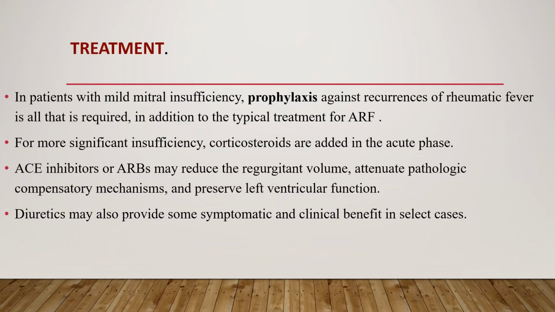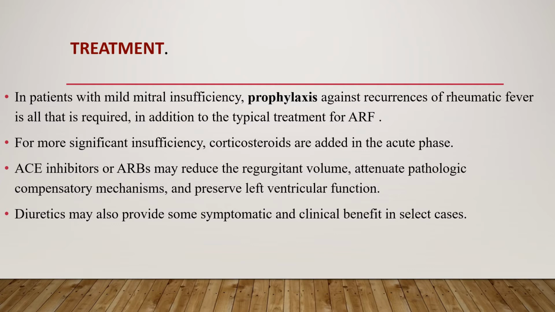When we see the treatment of mitral regurgitation due to rheumatic heart disease, in patients with mild mitral insufficiency, prophylaxis against recurrence of rheumatic fever is the only thing required, in addition to the typical treatment of acute rheumatic fever.